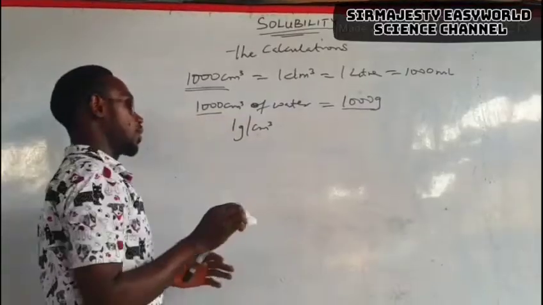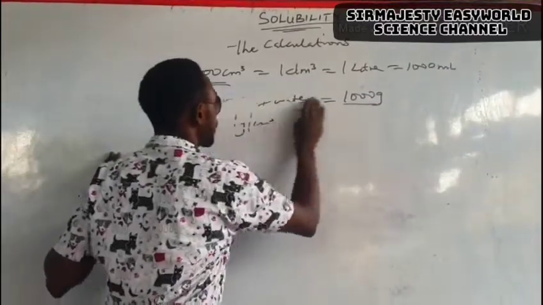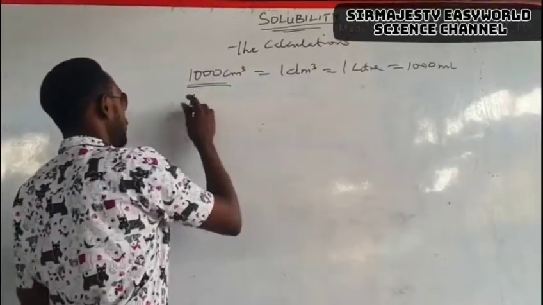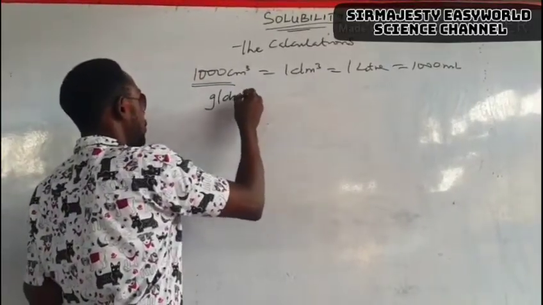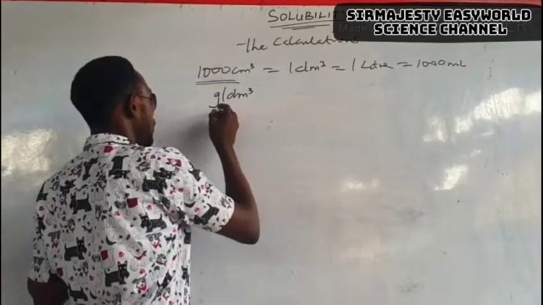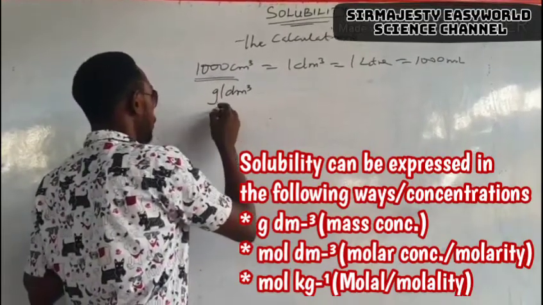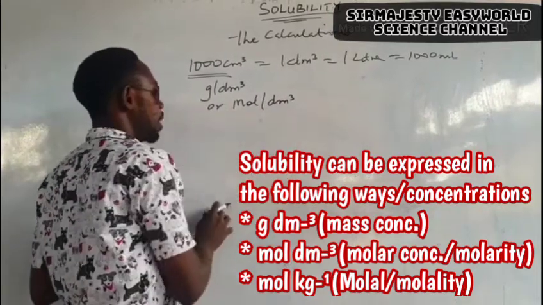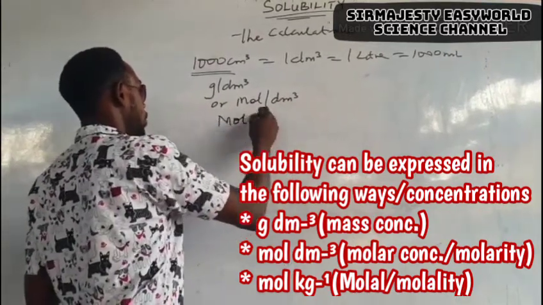Now, students always find it difficult. The simple cheat is here. There are 2 units for measuring solubility. You can use gram per dm3 as a way of expressing solubility, or you use mole per dm3. There is what we call molar also.